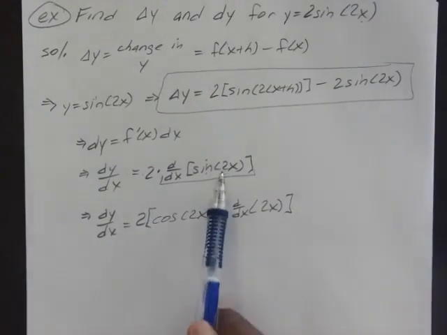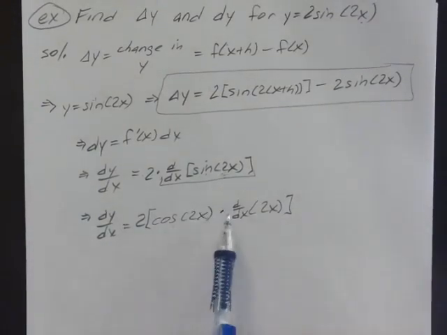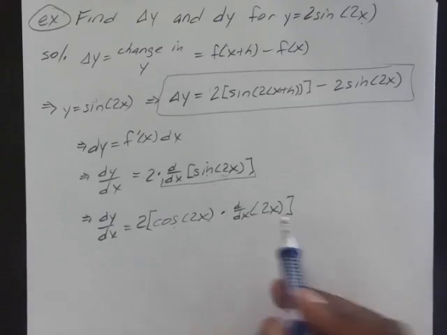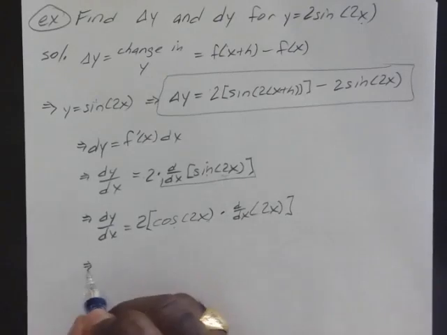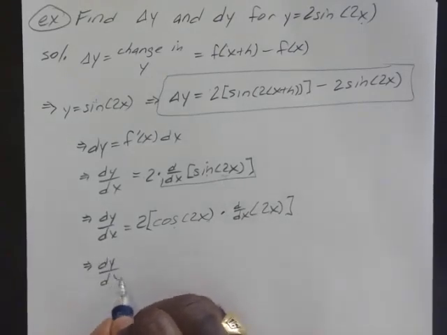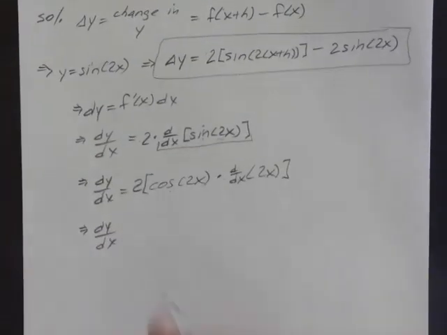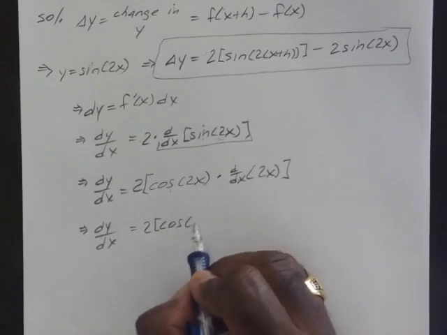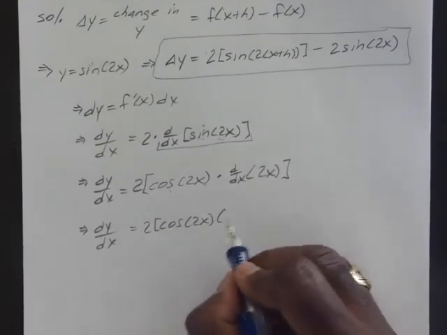Remember, the derivative of sine of g of x is cosine of g of x times g prime of x. That's it. The derivative of 2x is just 2. So 2 times cosine of 2x times 2.